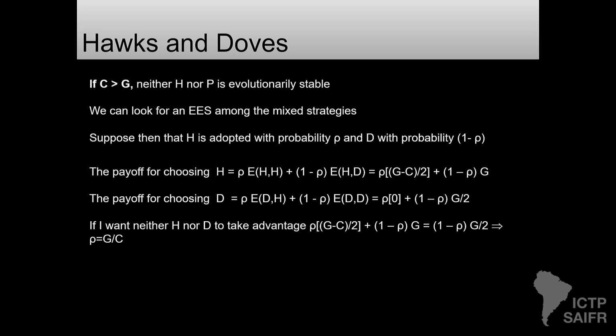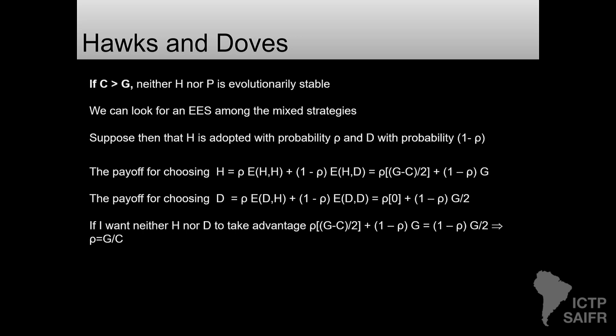I want neither the hawk nor the dove to take advantage when competing against this new strategy. If this is a Nash equilibrium and a mixed strategy, and the hawk gets some advantage, then instead of choosing this strategy with a given fraction rho of hawk and a given fraction 1 minus rho of dove, I will increase my fraction of hawk, because it is much better to play as a hawk.